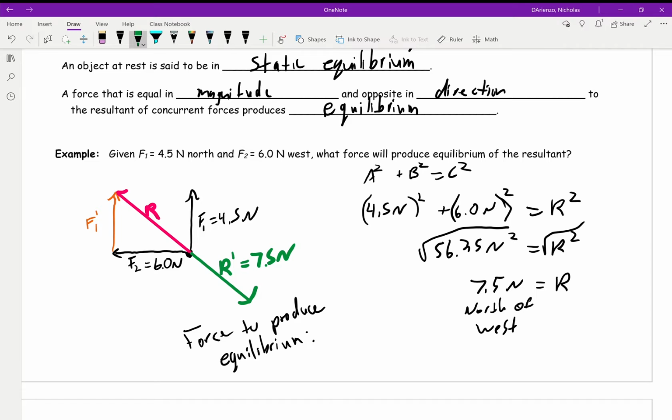And the opposite of north of west would be southeast. So we need a 7.5 newton force directed south of east in order to produce equilibrium.